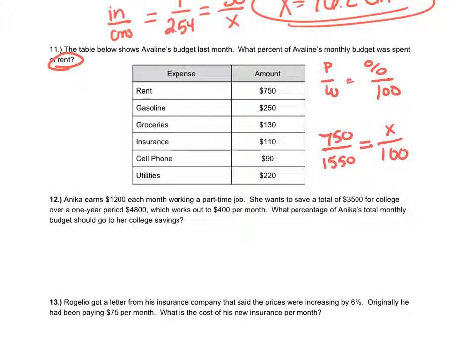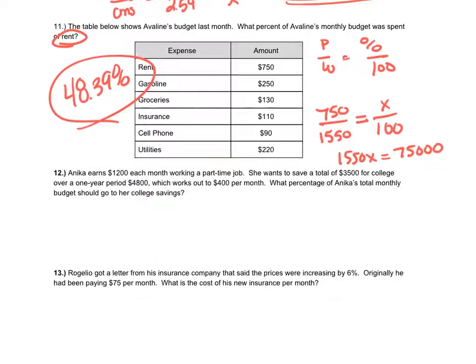So 1,550x. 750 times 100 is 75,000. We divide that by 1,550. And we get 48.38709. So 48.39% she spends on rent. That's pretty high rent for her budget.